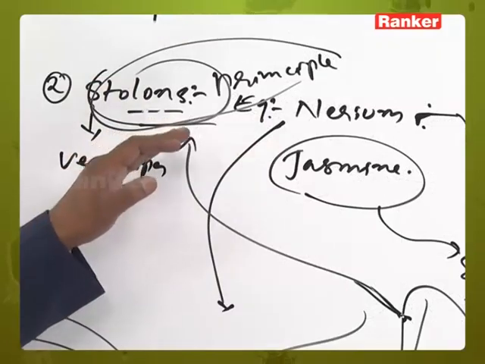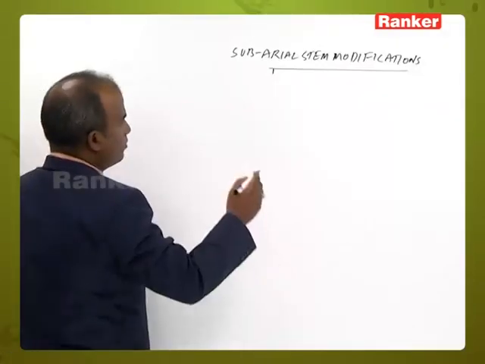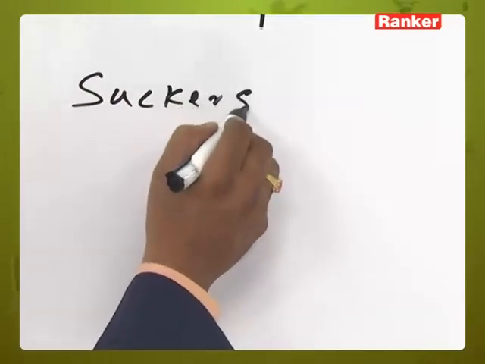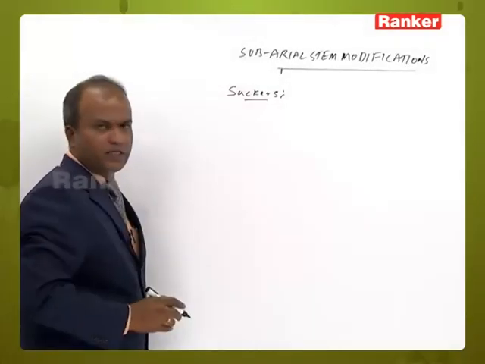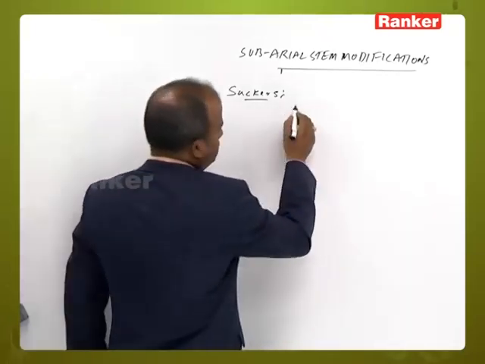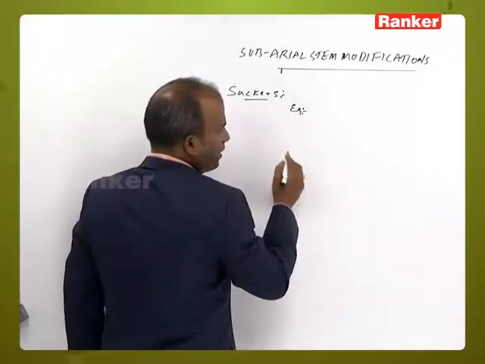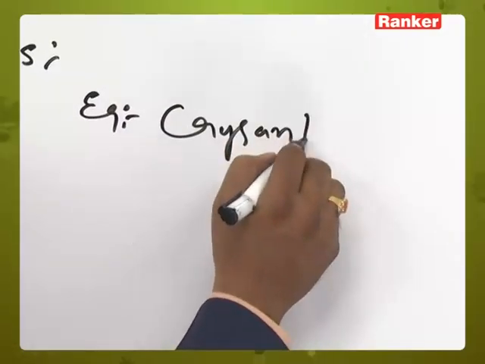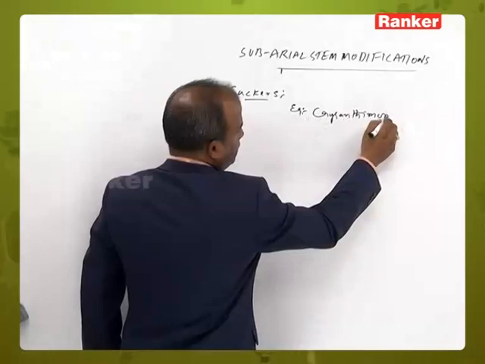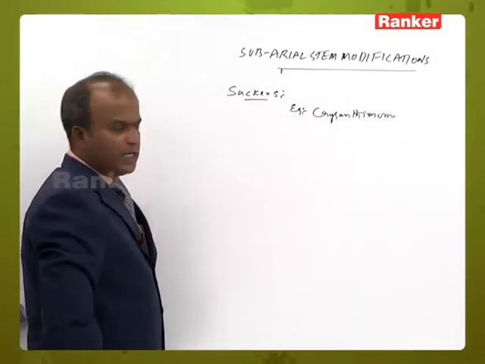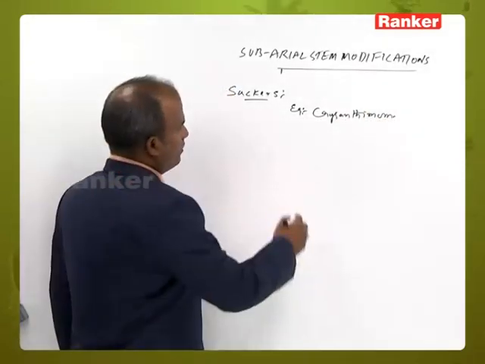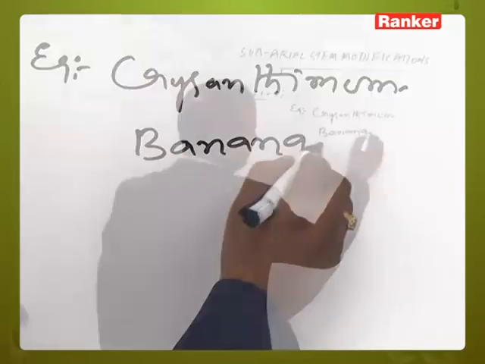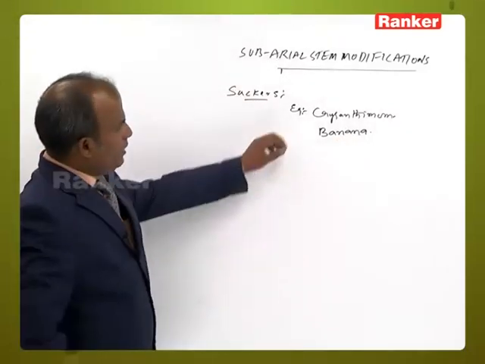This is about stolons. Next we go to suckers, the third subaerial stem modification. One example is chrysanthemum, and another example is banana.